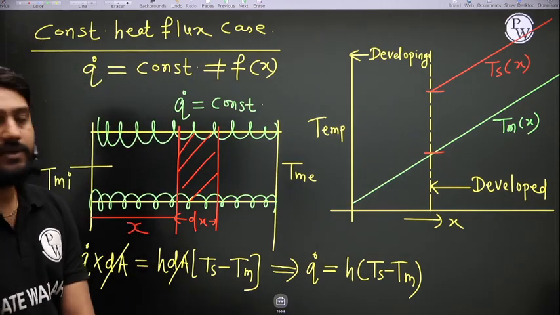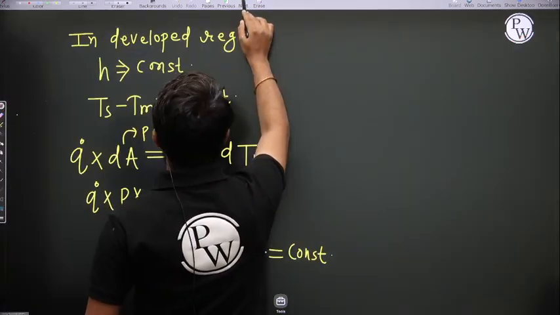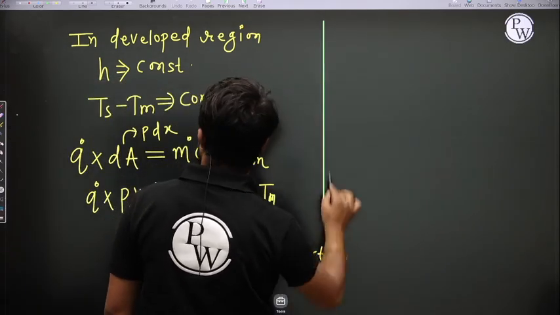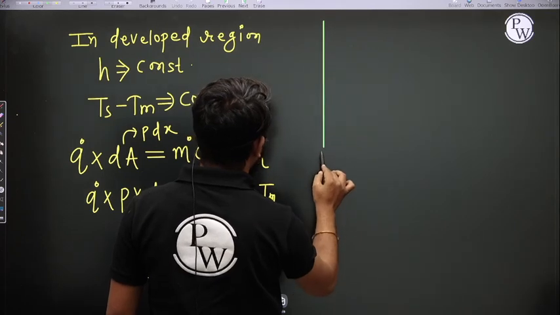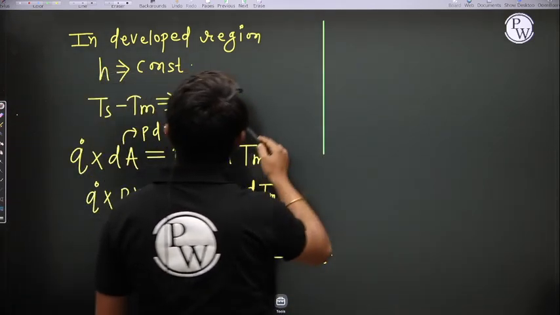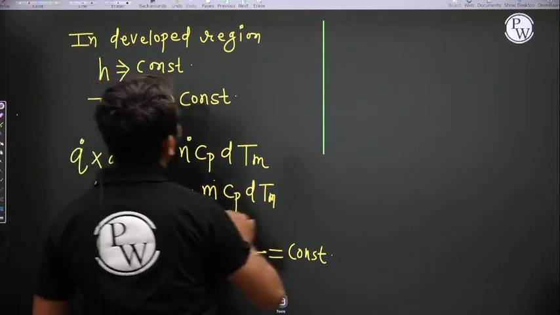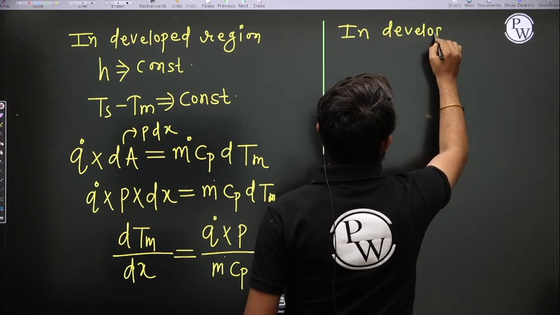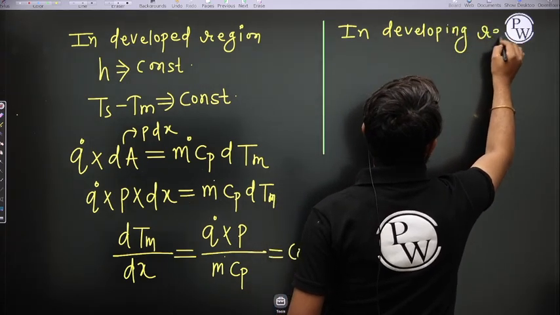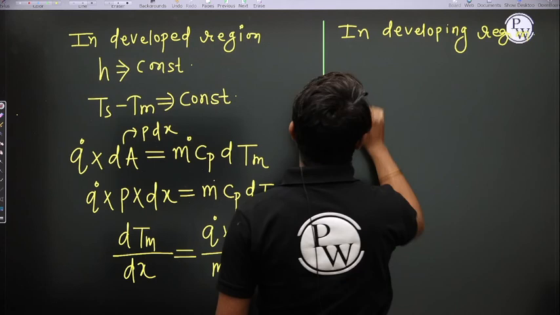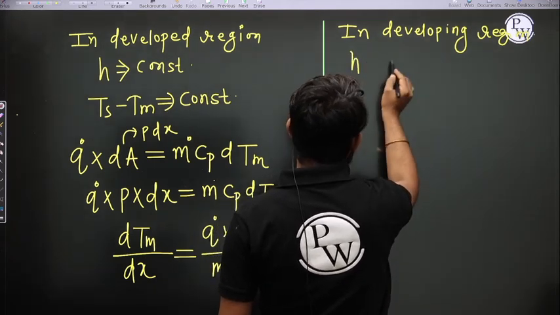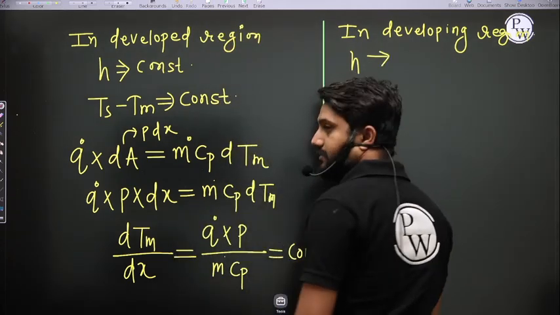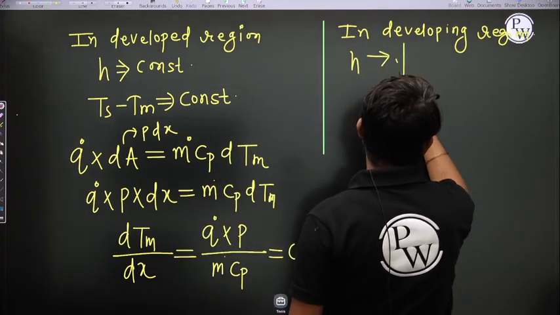Now, what happened in the developing region? In the developing region, that H is not constant. This H decreases.